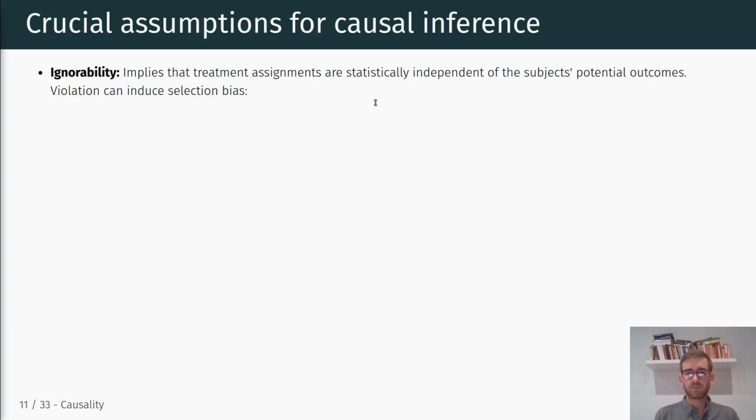But the important thing is that with random assignment, these treatment assignments are by design statistically independent of the subject's potential outcomes. And ultimately that's what we describe by saying the treatment assignment is ignorable, or it satisfies the ignorability assumption.